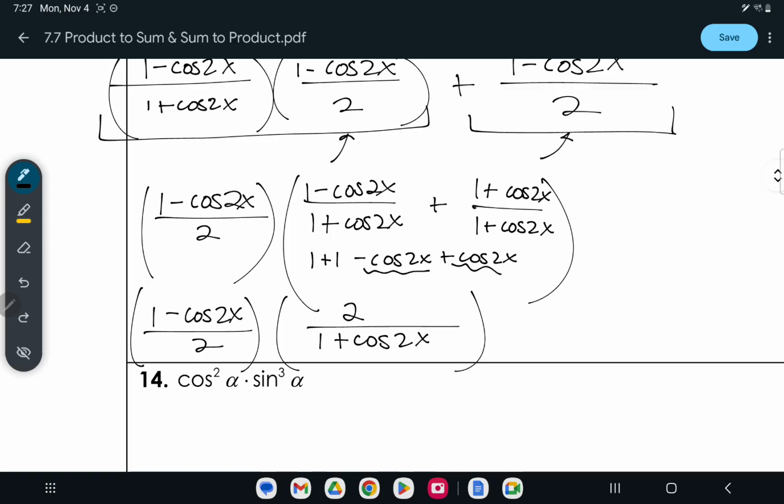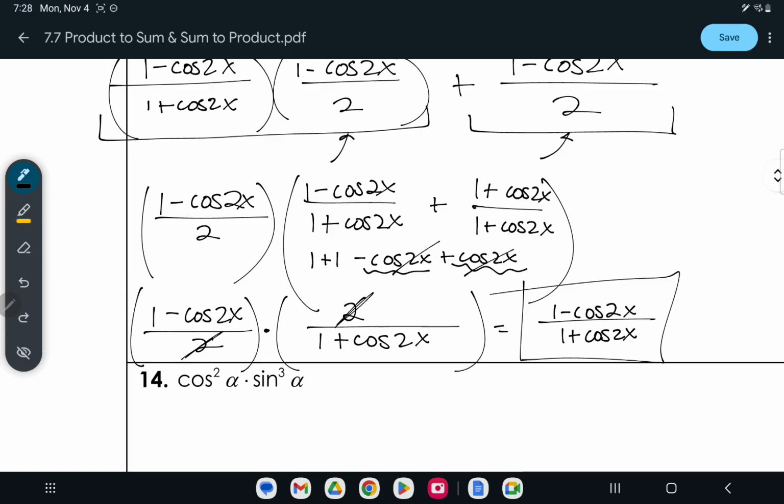Negative cosine 2x plus cosine 2x is just 0. And now when I multiply these, I have a 2 on the top and a 2 on the bottom. So I'm just left with 1 minus cosine 2x over 1 plus cosine 2x. Ta-da!